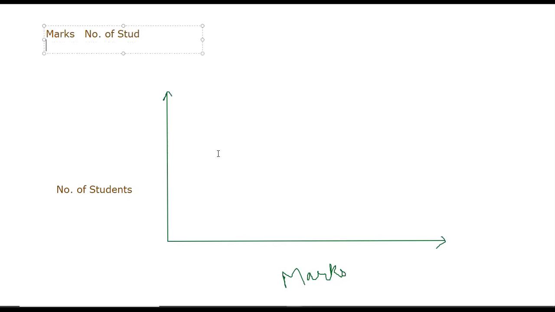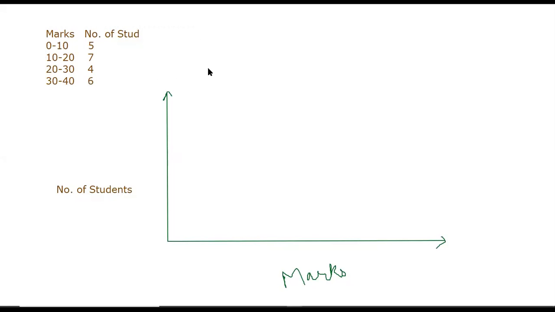In the marks, 0 to 10 we have got 5 students, in 10 to 20 we have got 7 students, then in 20 to 30 we have got 4 students, in 30 to 40 we have got 6 students, and so on. Fine. So we will be making a diagram for this.